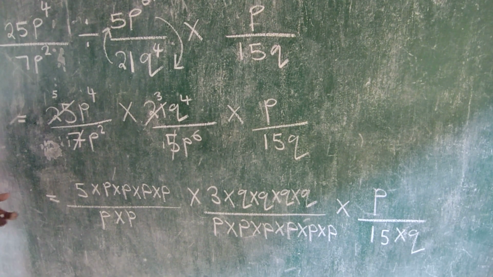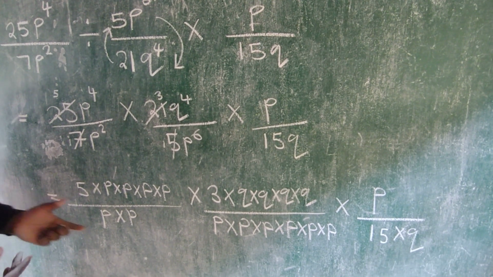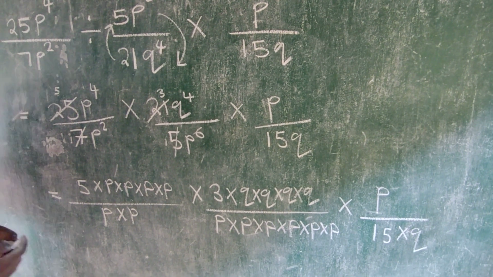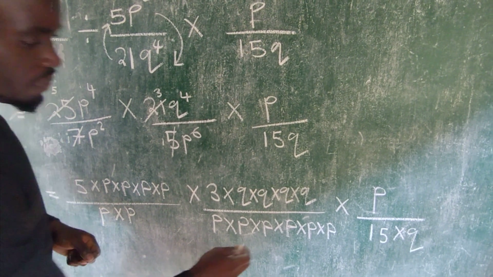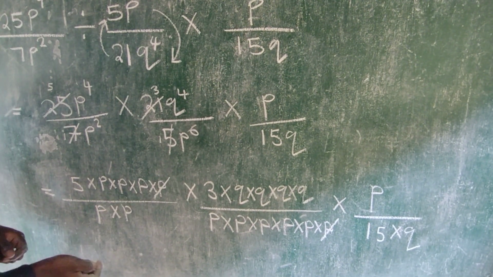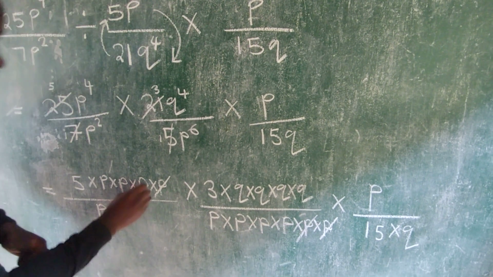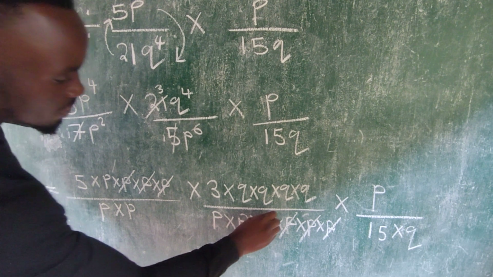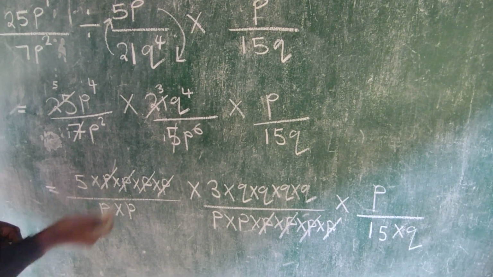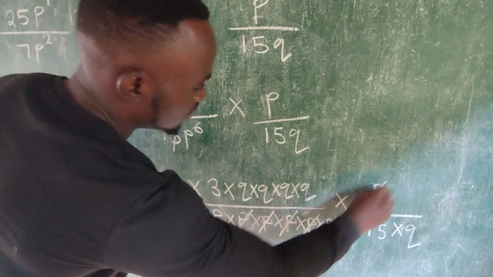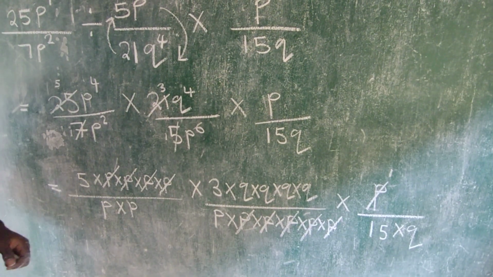If you are learning it for the first time, you can write it in this way so that you understand the concepts. So you can see I can start by cancelling this p and this p. Again, this p and this one, this and that, this and that. Then even this p and this p on top here, it's a 1 there.